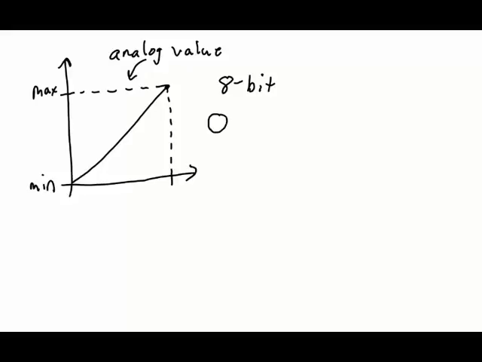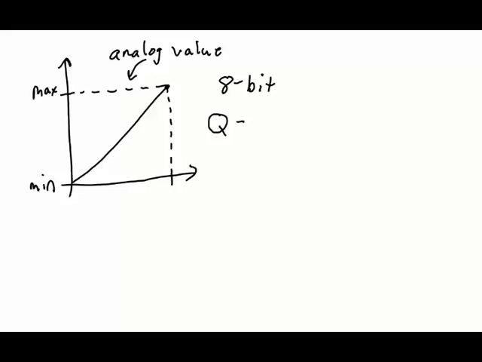The quantization value tells us how much of the analog value output corresponds to a single bit or a single increment of the digital value. We can calculate that value like this.